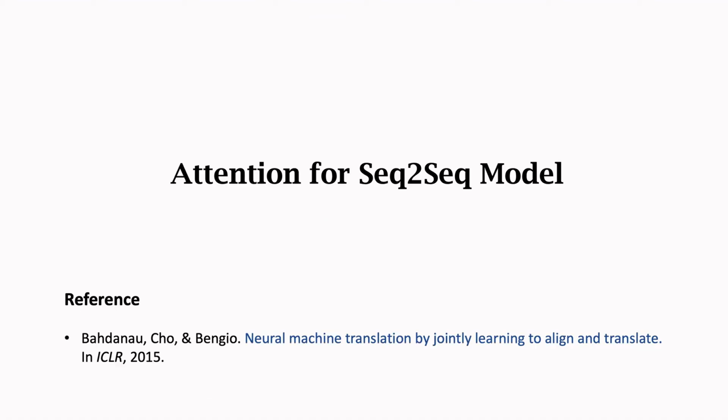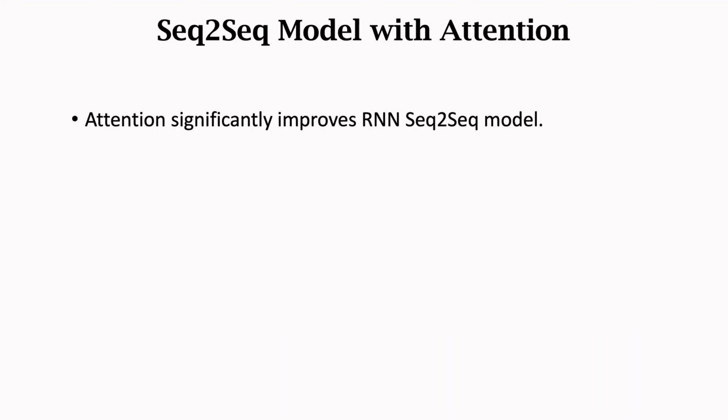We are going to study the main topic of this lecture, that is, attention for RNN sequence-to-sequence model. Attention was originally proposed by the ICLR 2015 paper. The shortcomings of the sequence-to-sequence model motivated attention. Attention significantly improves the RNN sequence-to-sequence model.